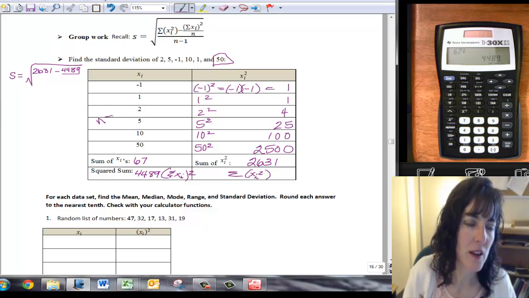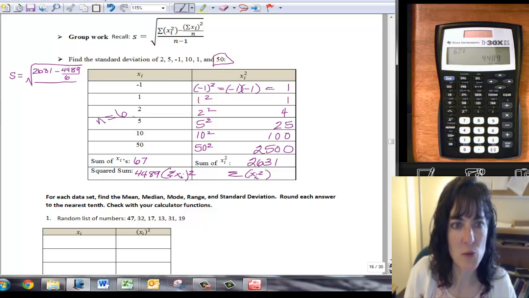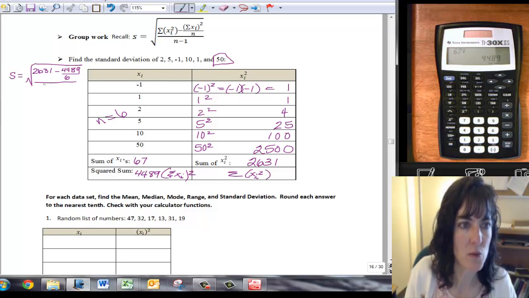So my n equals 6. So divide by 6 all over n minus 1, so 6 minus 1.